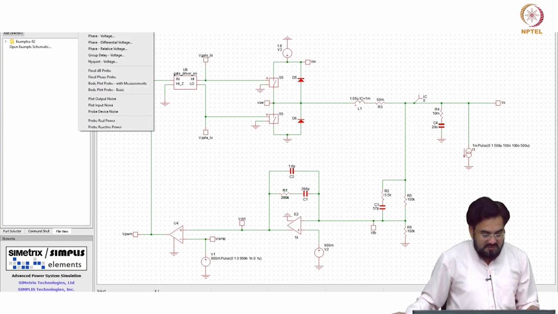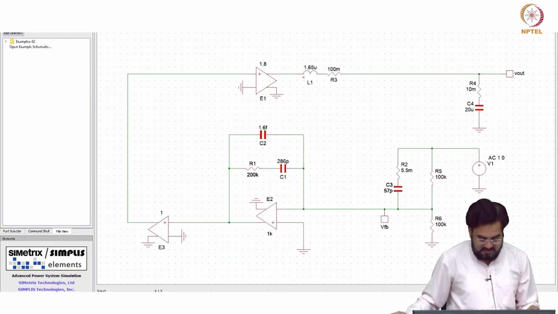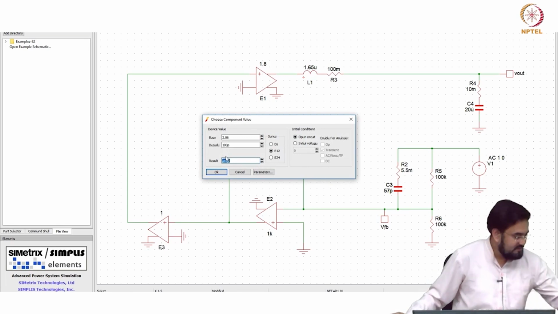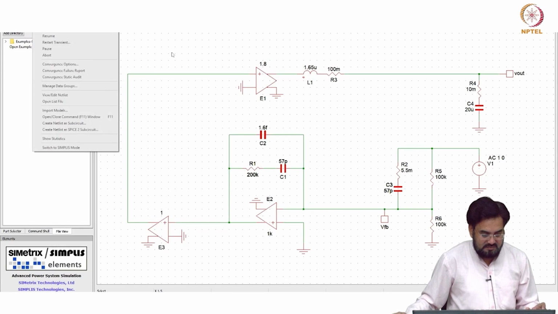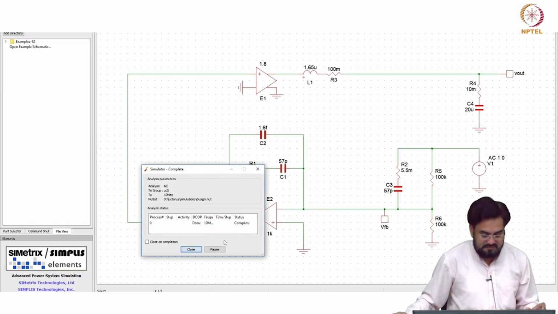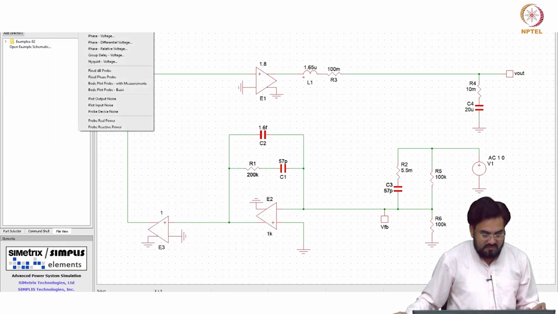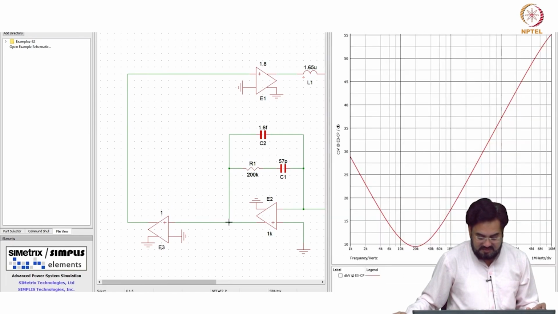So now if I want to see in this case, let us go back, 57 pico. Let us see what is happening here.